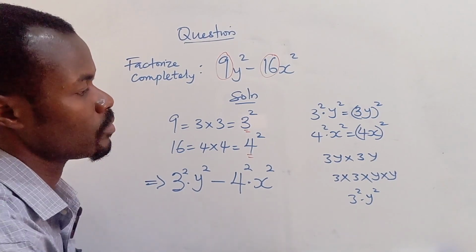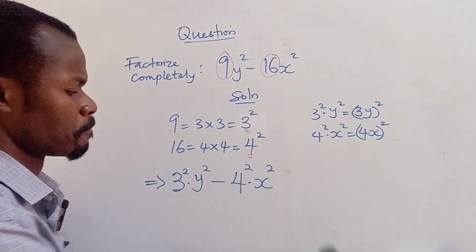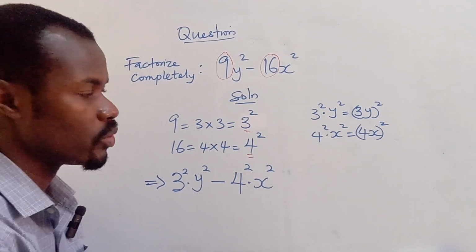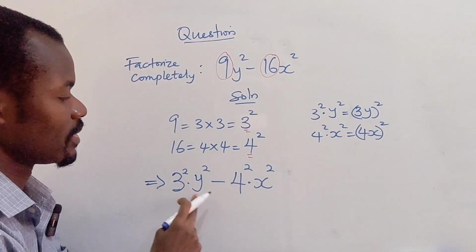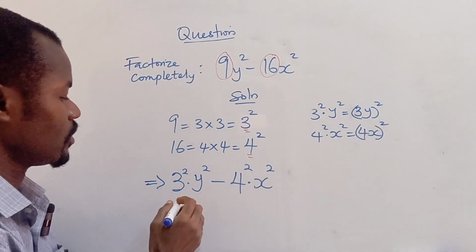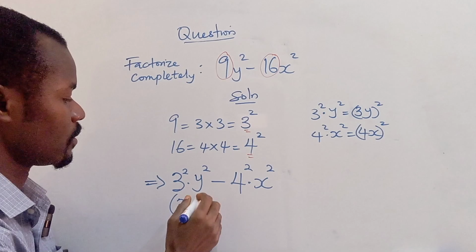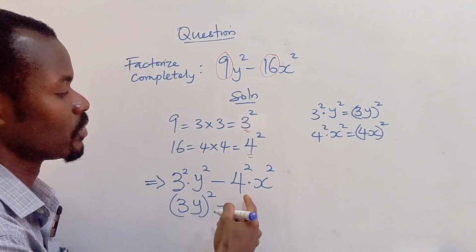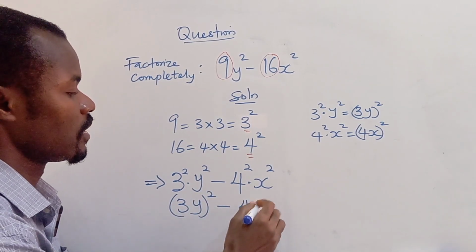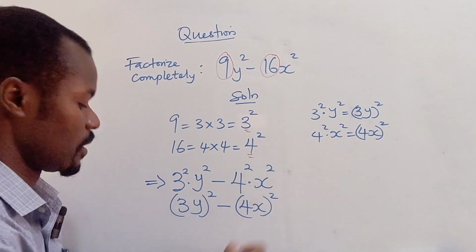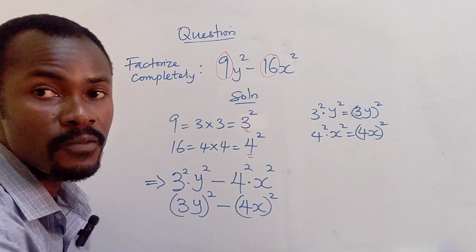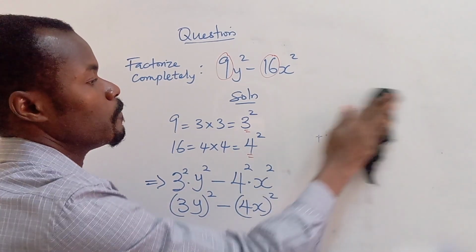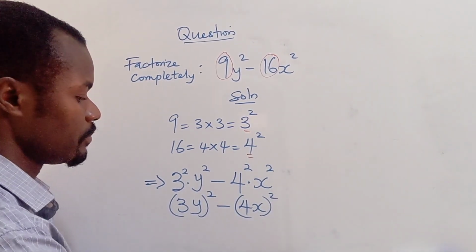So we're also going to replace 3 squared times y squared with this. So I have it as (3y) squared minus, this becomes (4x) squared. So from that, we can realize something here.